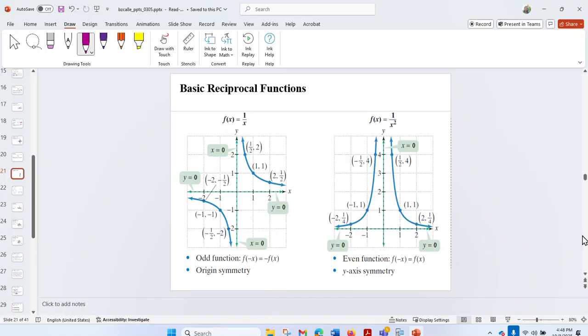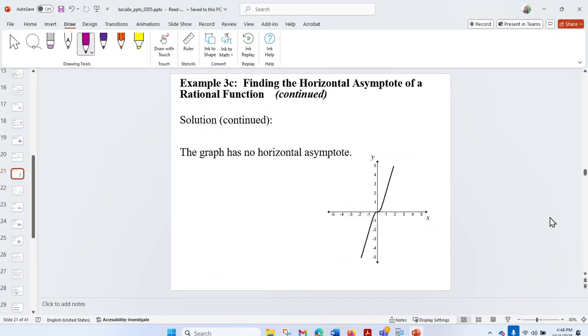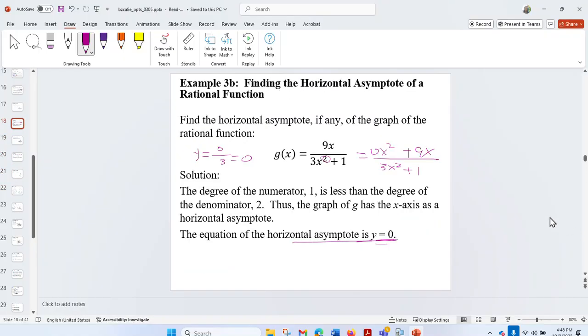And sometimes people ask, how about if I have it this way? If I have h of x equal to 9x squared over 3x minus 2, something like that. Now my numerator degree is higher than the denominator. That is your case 3, right? Same thing, I can match the 0x squared right here.